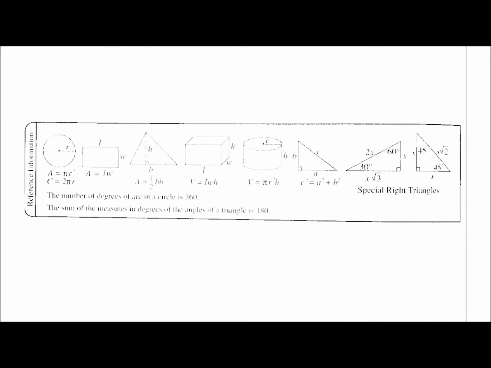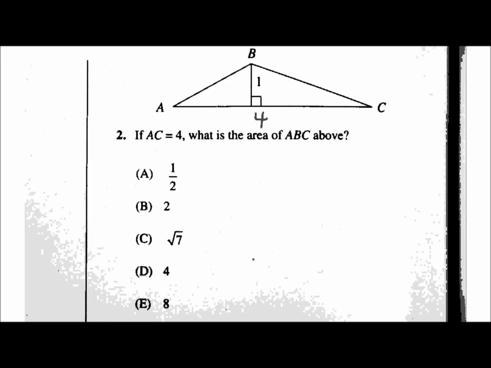And I look and see, okay, what's the area for a triangle? It's the area equals 1/2 the base times the height, okay? That seems simple enough. So the area equals 1/2 the base times the height. This is our base, it's 4. So let's just write these things in.